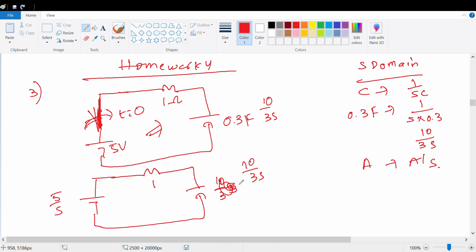What they have asked is, use Laplace transform to find the expression for the voltage across the capacitor after the switch closes at t equal to 0. Find the time constant. And they have said assuming an uncharged capacitor. Uncharged capacitor means there is no charge in this capacitor.